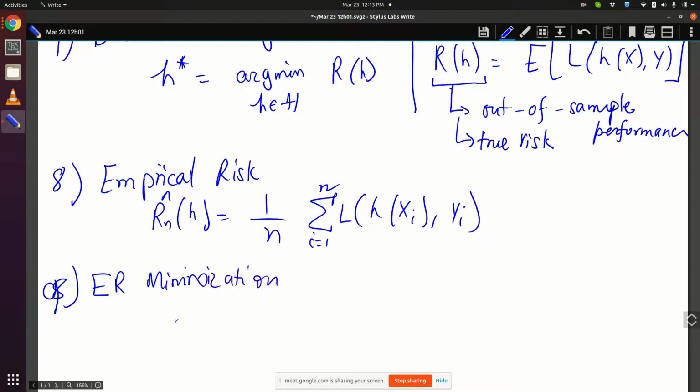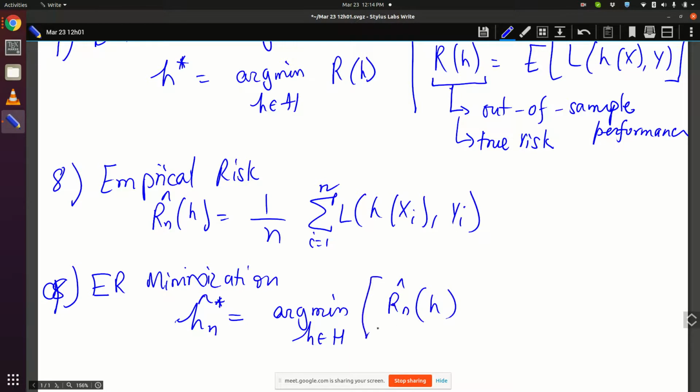So what it will try to do is return h n hat star, which is the argmin over h belonging to H of R n hat of h. It can only do this. What we wanted was h star.